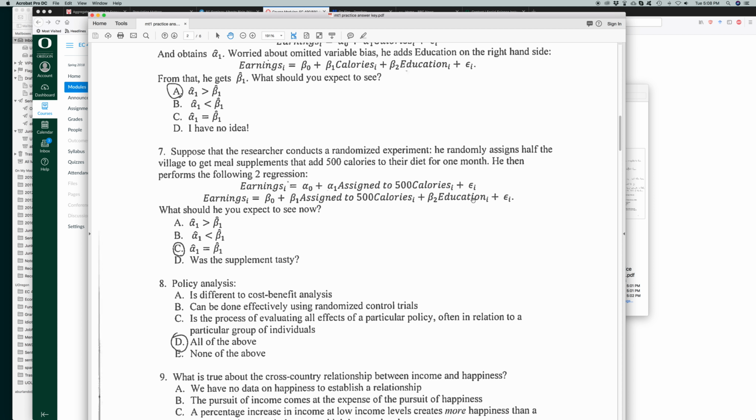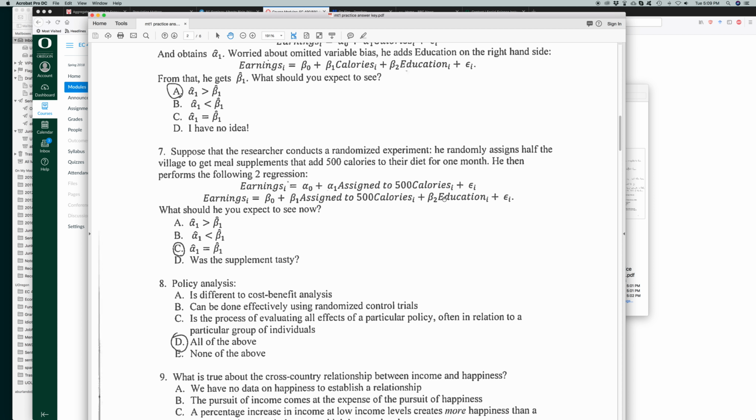If you include them or exclude them, you should get the same coefficient estimate. That's the beauty of the RCT: the treatment effects should be constant regardless of how many controls you add.